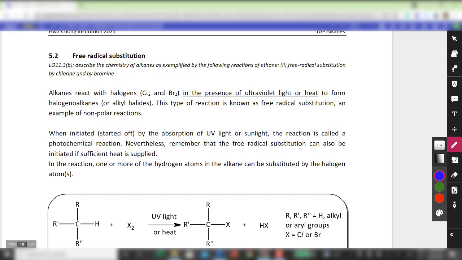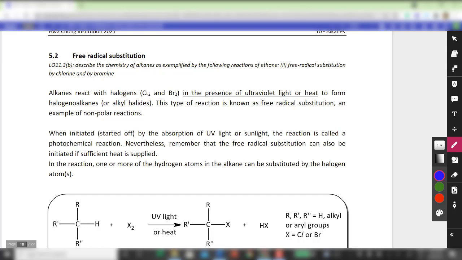So that's not really new, but it's new in the sense that right now you need to learn how to draw the mechanism, and you need to be aware that it is the free radical that's involved in initiating the reaction. Yeah, so that's probably something that you might want to pay attention to.